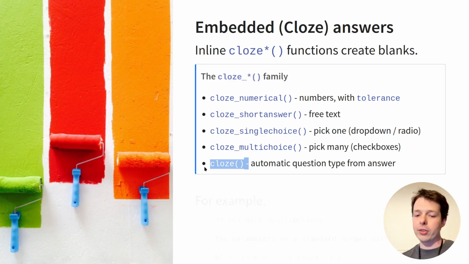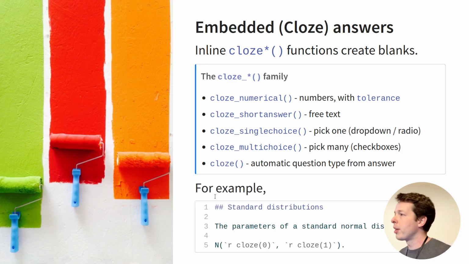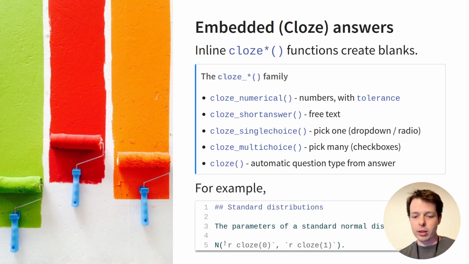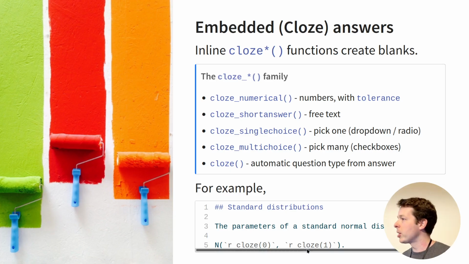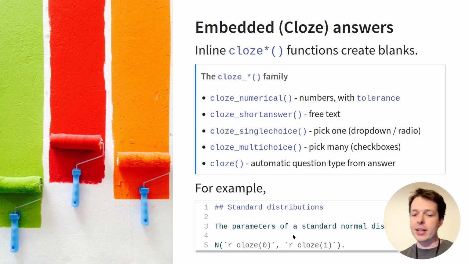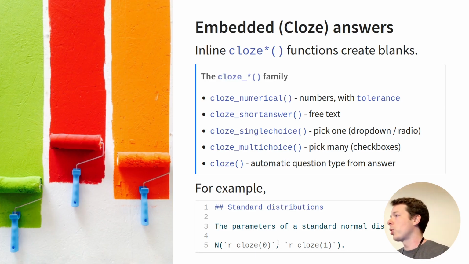So if you put a number inside close, for example, what is the parameters of a standard normal, you just need to write close of 0 for the mean, close of 1 for the standard deviation or variance, and it will replace that with a fill in the blanks, expecting 0 and 1 numerically. If you had text for this, it would expect a short answer. And then if you had a second field, you can say what the options are, and it becomes multiple choice.